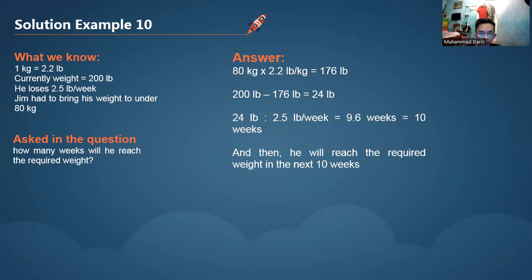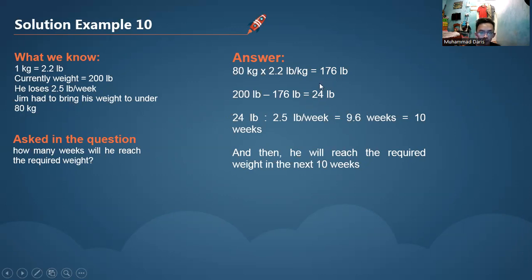Answer. First, we can convert the kilograms to pounds for the same unit, because in the question the weight is in pounds. Okay. Kilograms, we can convert to pounds by multiplication, 2.2 pounds per kilogram times 80 is equal to 176 pounds.